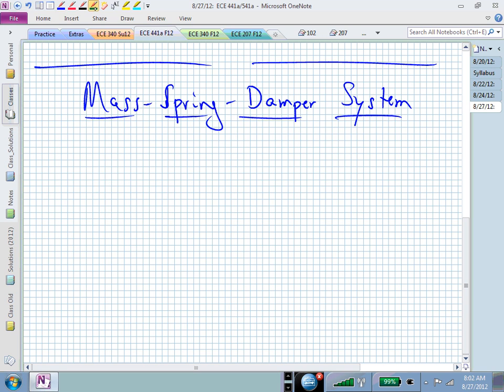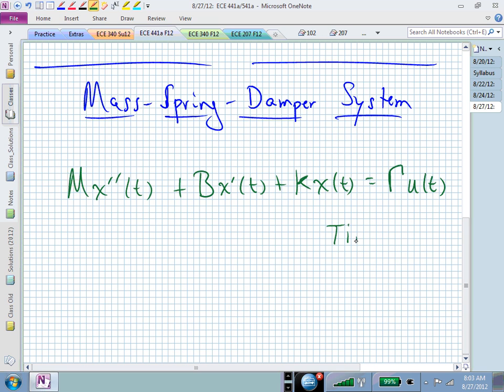With this mass spring damper system we have the differential equation, which was m times the acceleration plus the dashpot coefficient b times the velocity plus kx, which is the spring force, and that's equal to gamma u. And this is then the time domain expression that governs the dynamic behavior of that mass spring damper system.